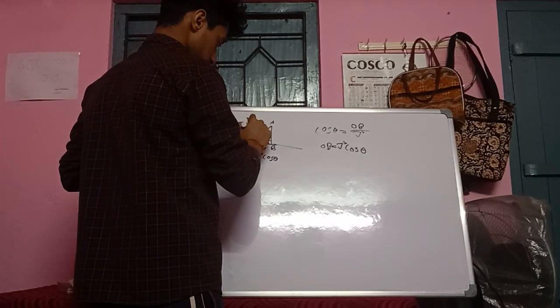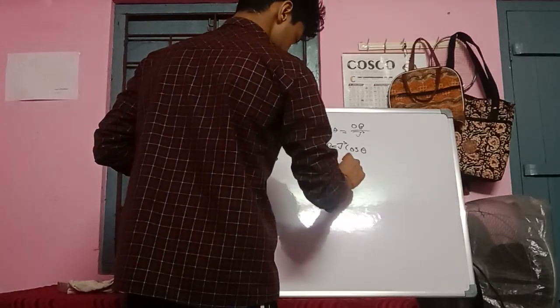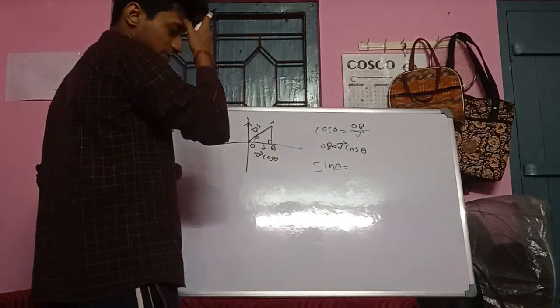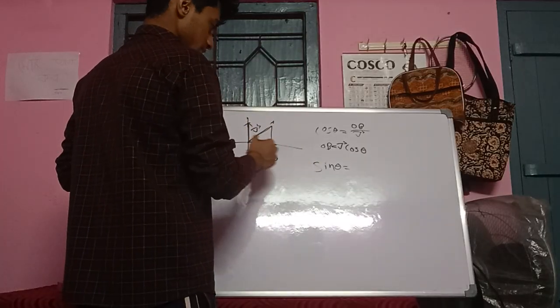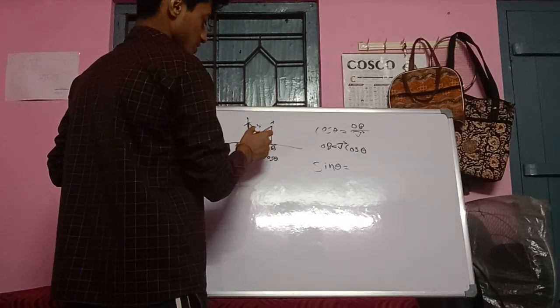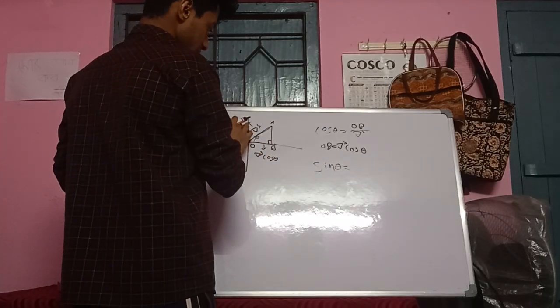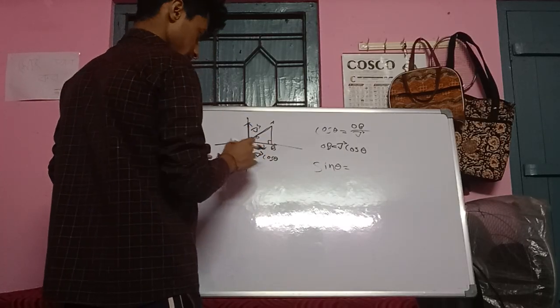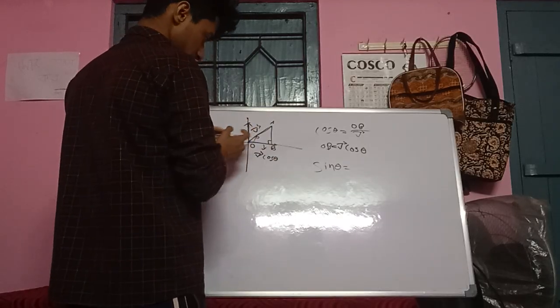What would be sine theta in this triangle? What does sine of theta do? It gives us the ratio of height over the hypotenuse, again from the perspective of the angle that we're talking about. Height of any triangle from the perspective of any angle is the side exactly opposite to the angle.